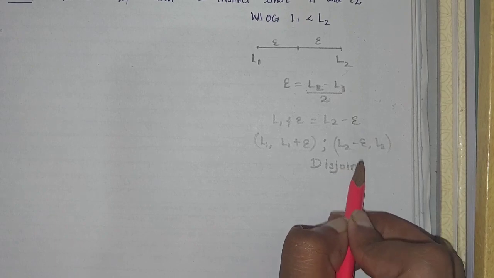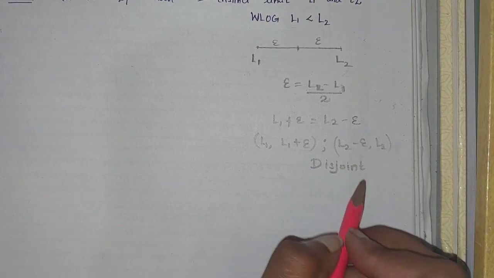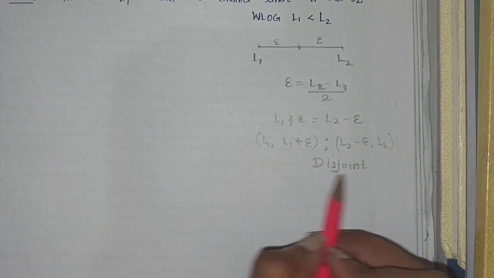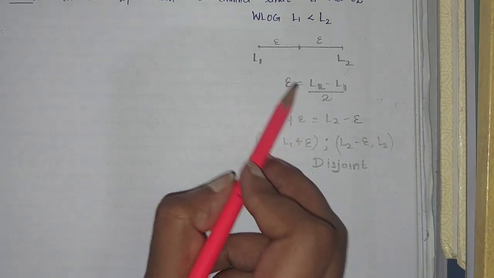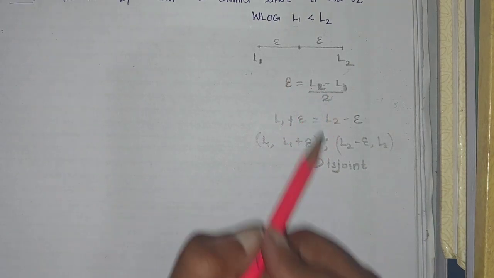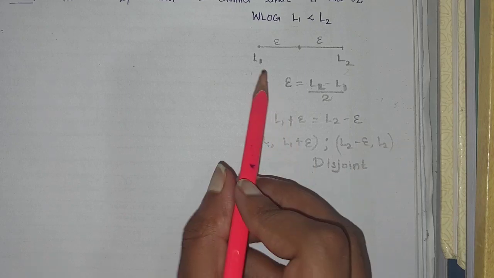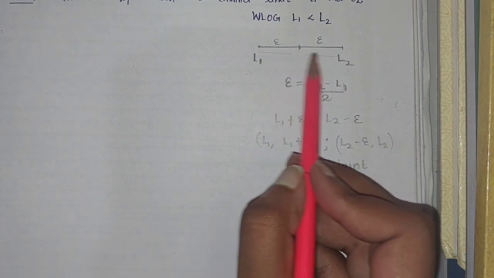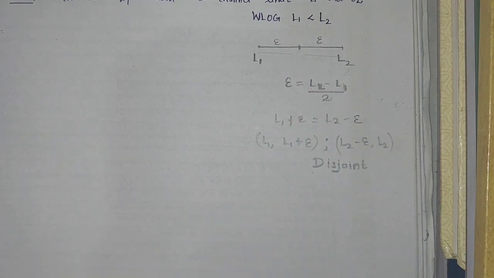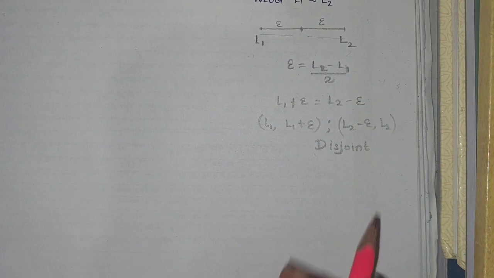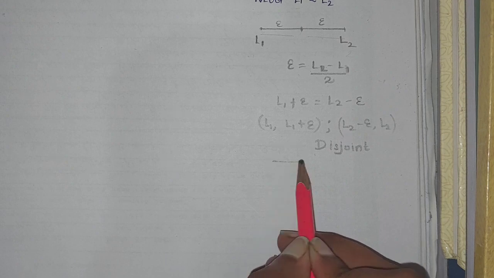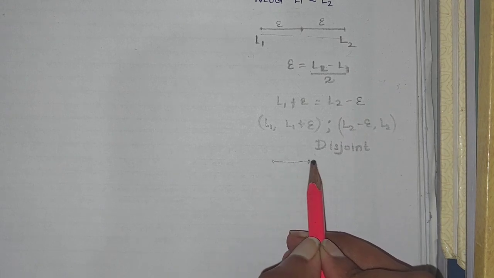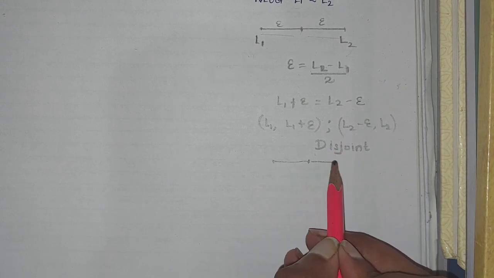Wait and see, this is going to give a contradiction. By choosing epsilon accordingly, I construct one neighborhood and another such that their intersection is empty.